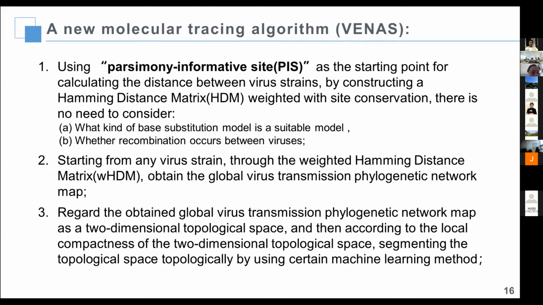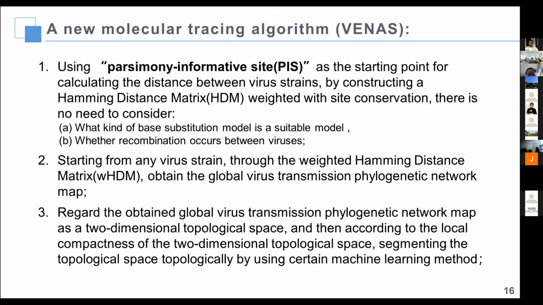By constructing a Hamming distance matrix, SDM, weighted with site conservation, there is no need to consider, one, what kind of base substitution model is suitable, and second, whether recombination occurs between viruses. The second step starts from any virus strain through the weighted Hamming distance matrix, WHGM, to obtain the global virus transmission phylogenetic network map.